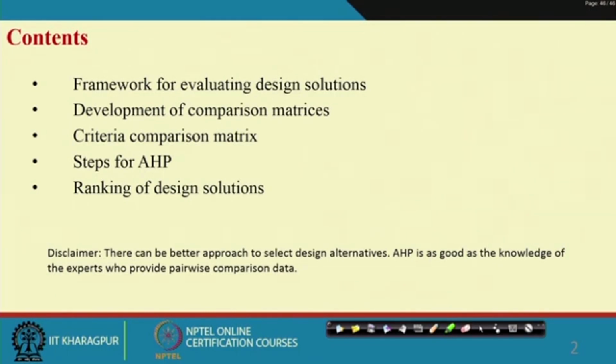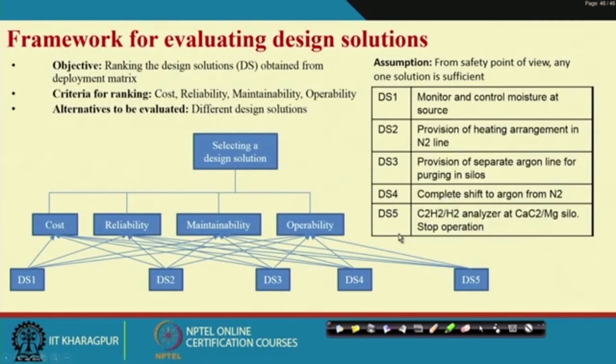I hope that we will be able to complete it in 35 minutes, and let us start with the first one, the framework for evaluating design solutions. Now I will relate this to the previous lecture.